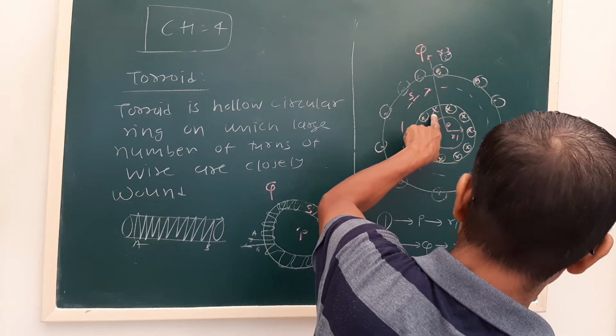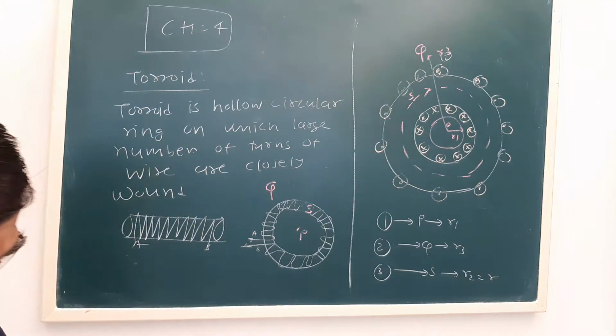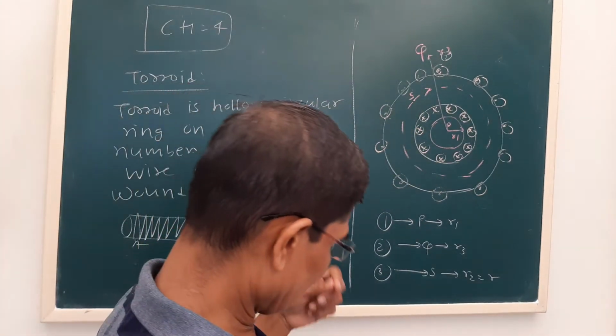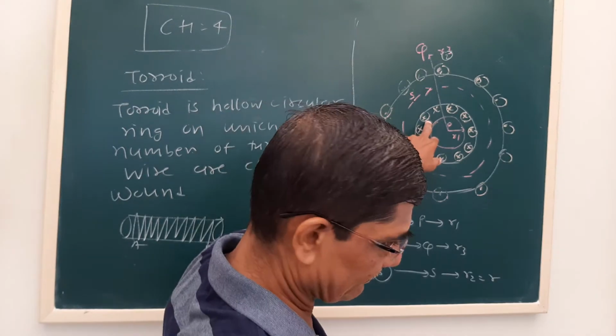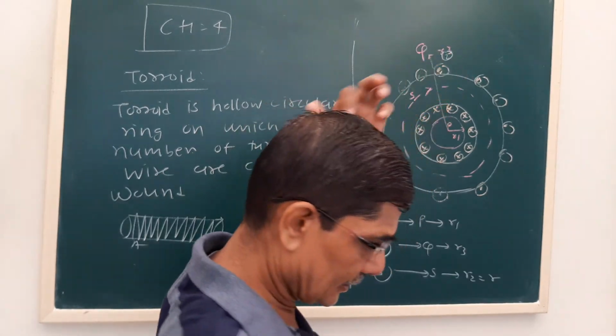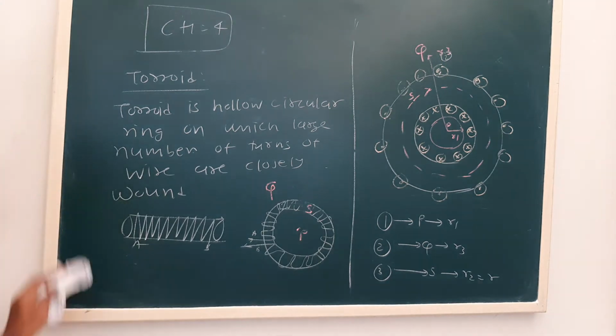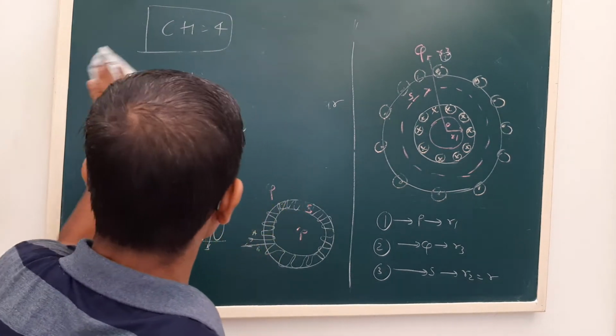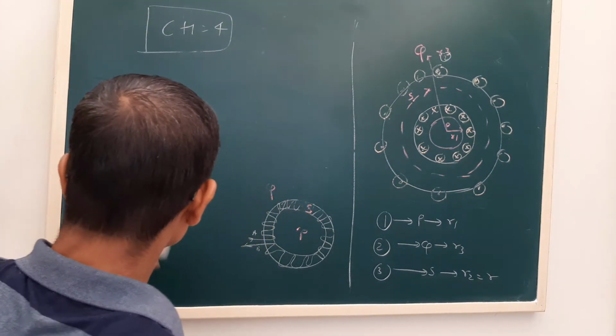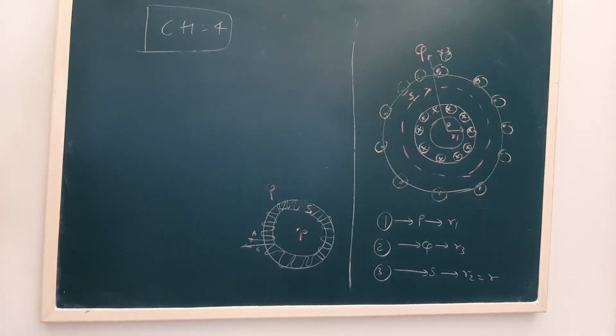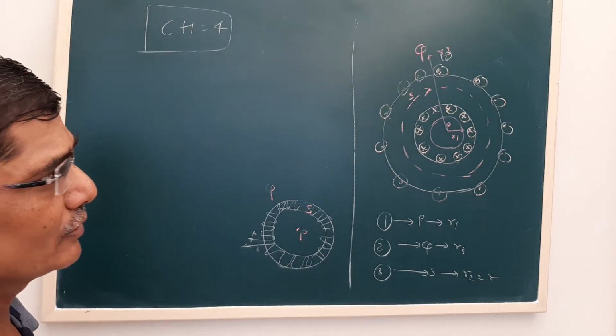So one is here, by the convention, one is coming out of the plane and second is going inside the plane. Here the magnetic field is going inside the plane and here it is coming out of the plane. Now by using Ampere's circuital law, we can find out the magnetic field of a toroid.